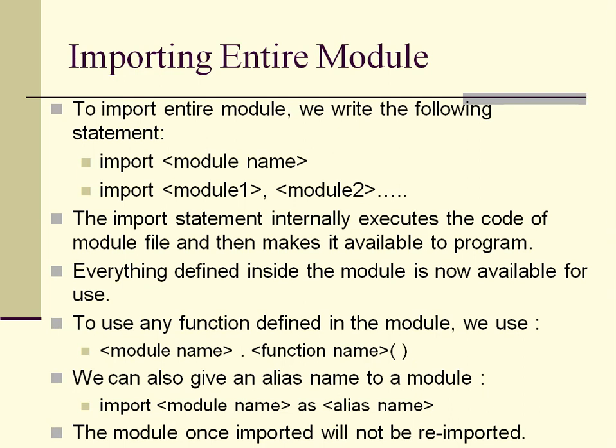So how will you use the functions or the variables inside it? You know the name of the module, you know the name of the functions or the variables. So how will you use it? You will name the module, use the dot operator to go inside that module, and then name the function or the object.